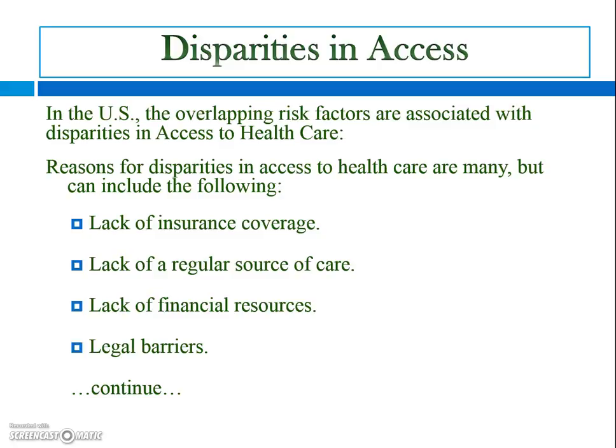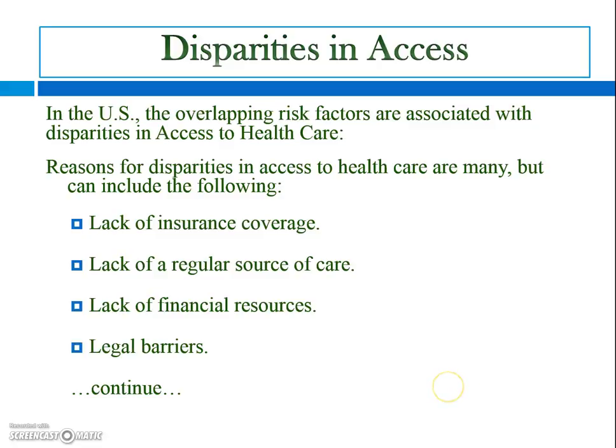Reasons for disparities in access to health care are certainly many, but they do include some of the following, both on this slide and the next. So lack of insurance coverage, lack of regular source of care. So for those individuals who end up going to the emergency department rather than seeing a primary care physician or even regular visits to a clinic.